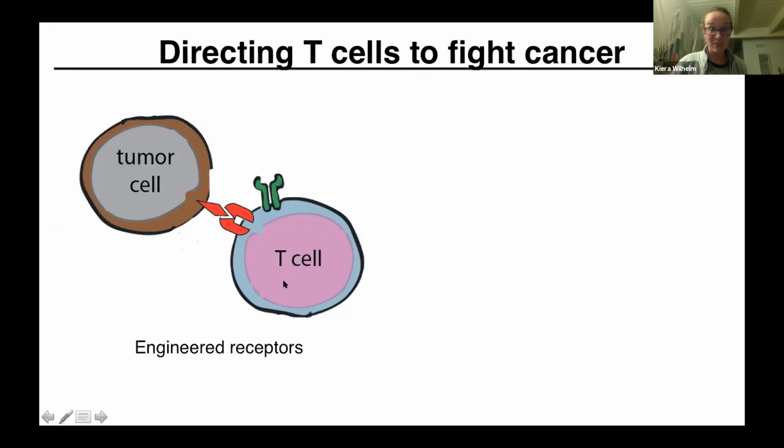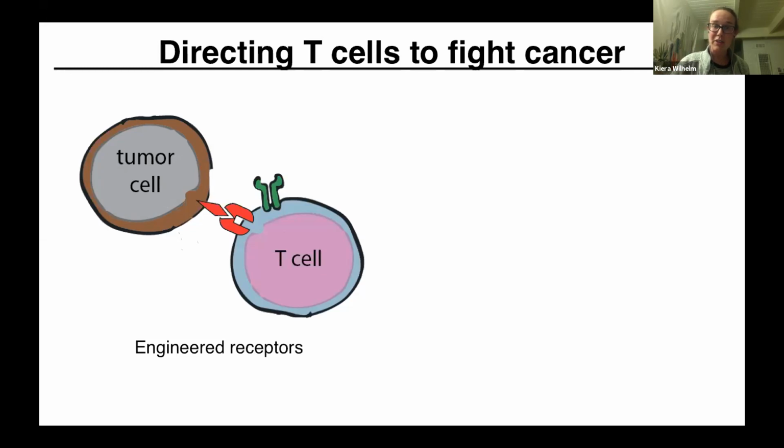This is quite an invasive process. It requires taking a whole bunch of T cells from a patient, then genetically introducing a new receptor into the T cell, growing those up, and then reintroducing this new T cell population back into the patient. And these therapies exist and have been used to some success.